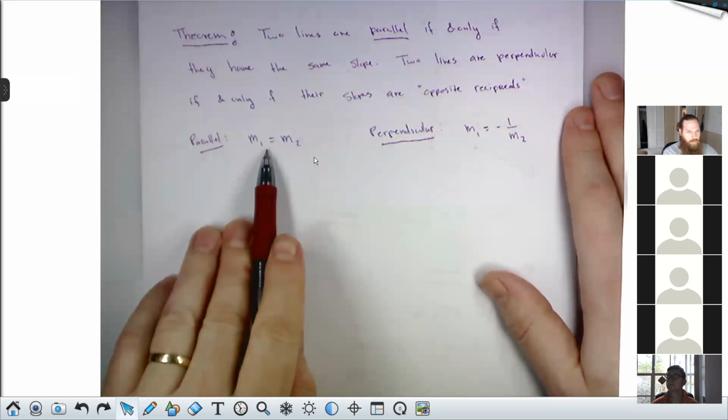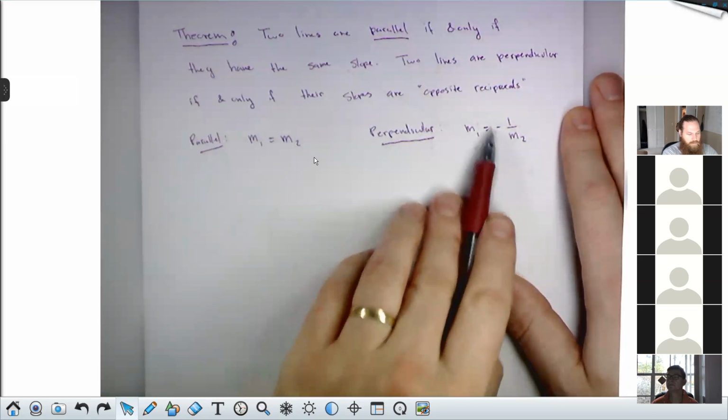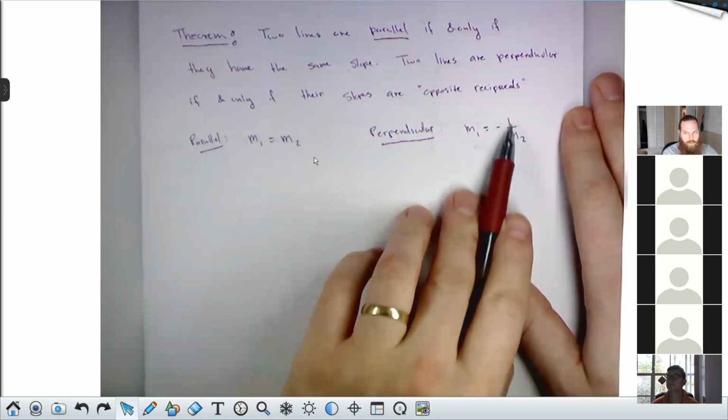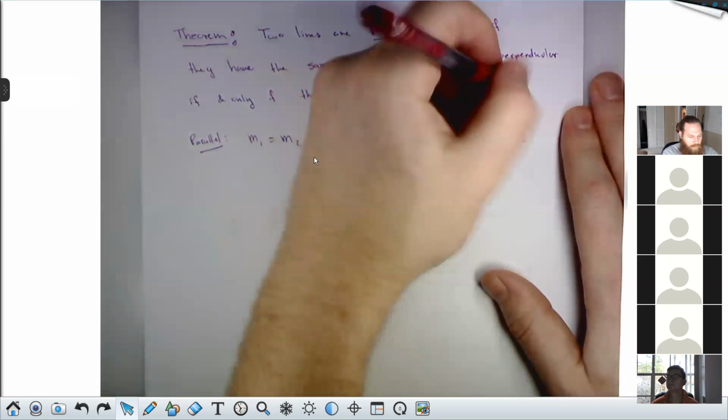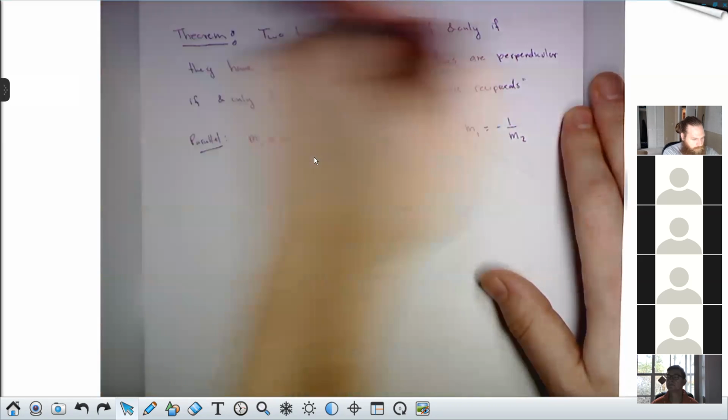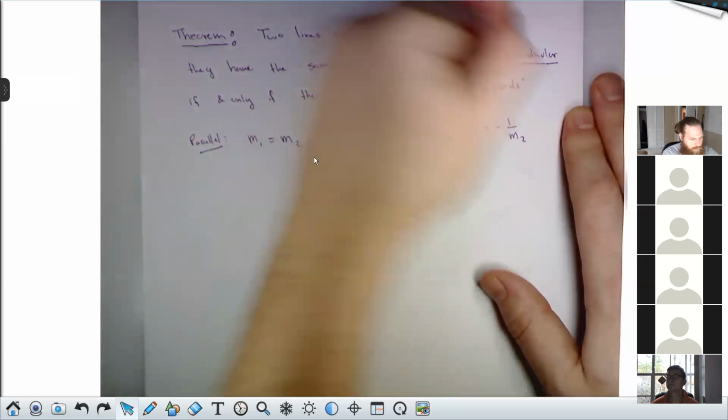If the two slopes are equal, those lines are parallel. If the slopes are opposite, that means negative. Reciprocal, that means flipped over. Then that's how you know that they are perpendicular.